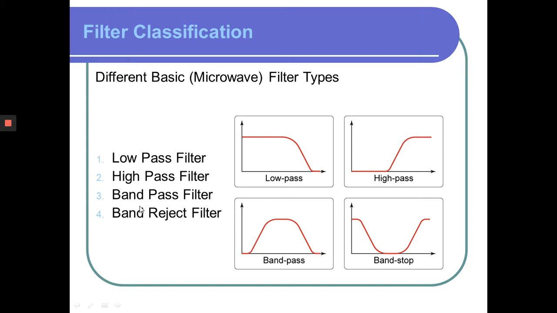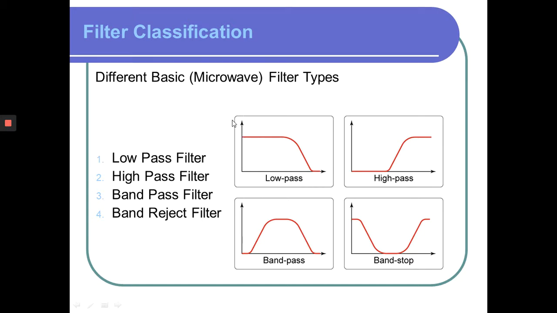And the last, but not the least, is the band reject filter, which is opposite of the band pass filter, where it will allow all the low frequencies and all the high frequencies, except a certain band. This band it will reject only; except this band, it will allow all the other frequencies.